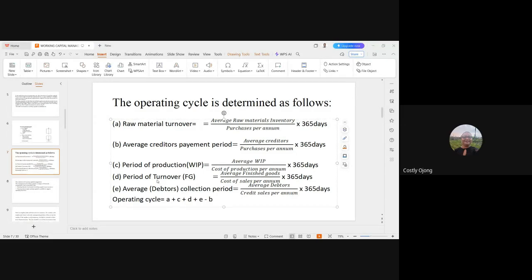Current asset. Fine. All variables of current assets, which are A, C, D, and E, you add them together, minus the variable of your current liability. You get your operating cycle.